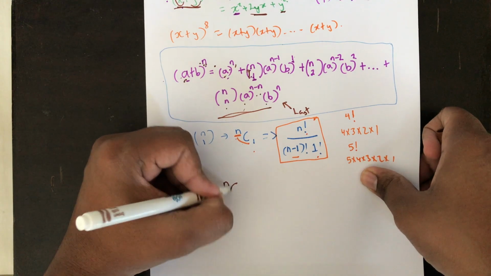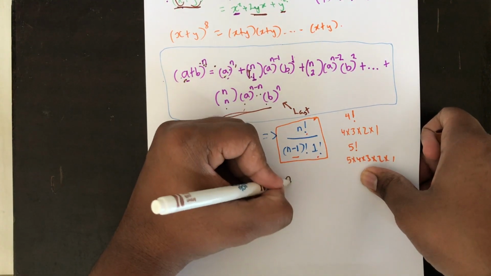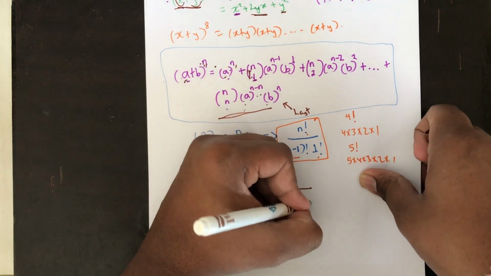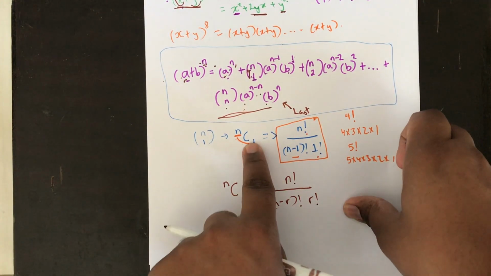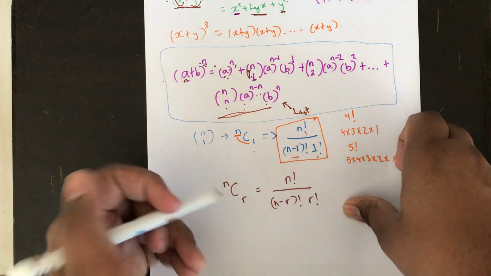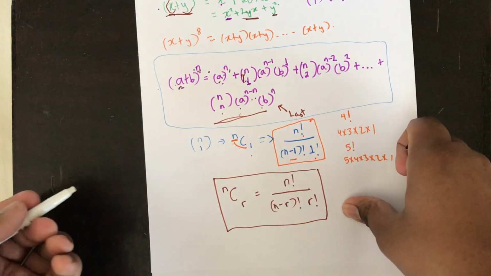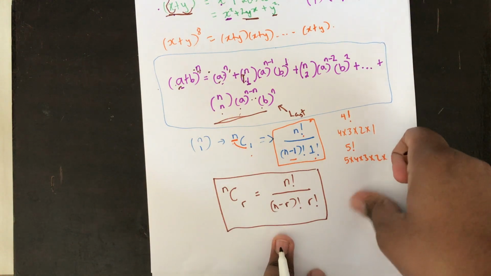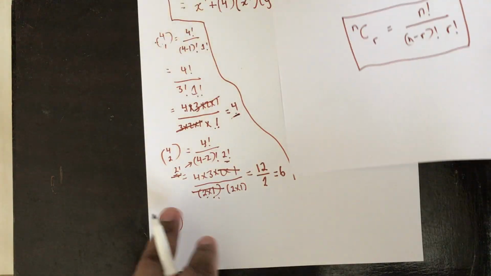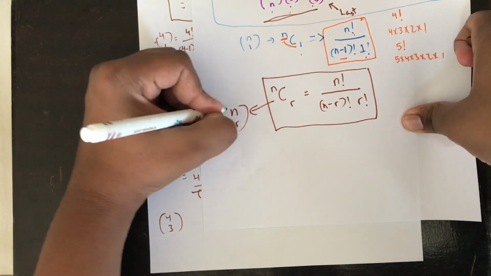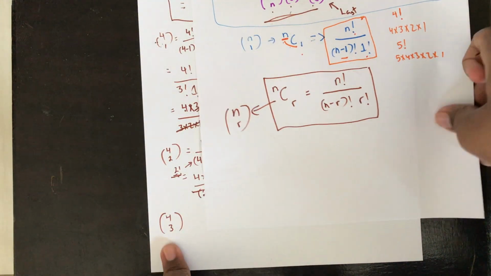So my r is 1 in the earlier case, just in case you are confused. This is a formula that you need to remember in order to do questions like this. So nCr is the same as (n r) in brackets, stuff like that.